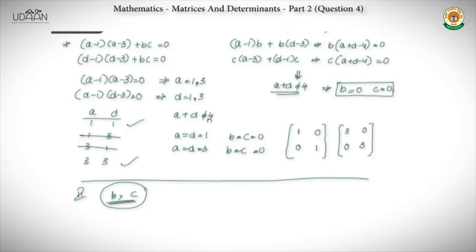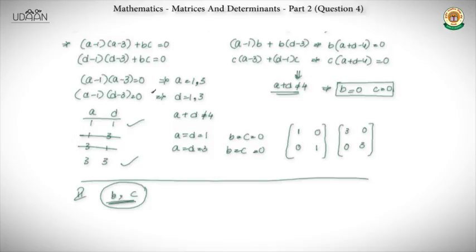What about the first set of equations? If A plus D is equal to 4 and B and C are any value, then those two equations should also be satisfied. Supposing that A is equal to 1 and D is equal to 3, then A plus D will be equal to 4, and the terms (A minus 1)(A minus 3) and (D minus 1)(D minus 3) will be 0.